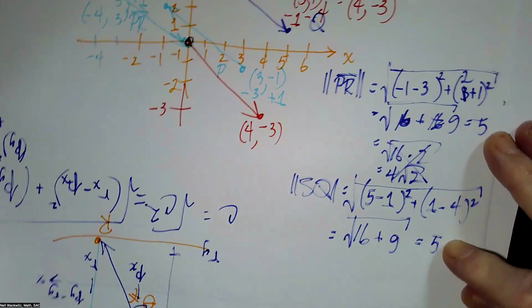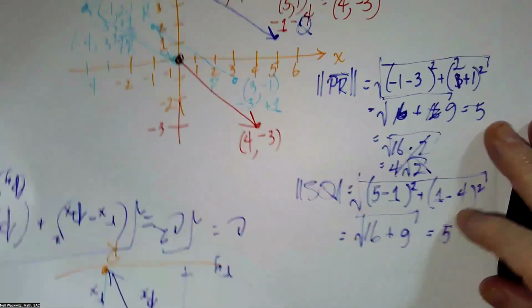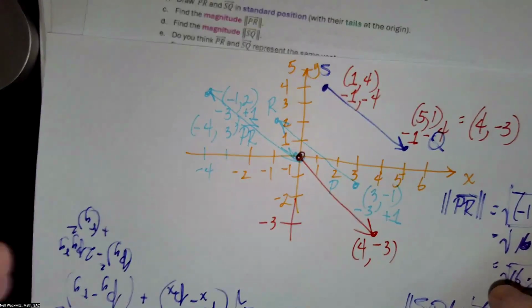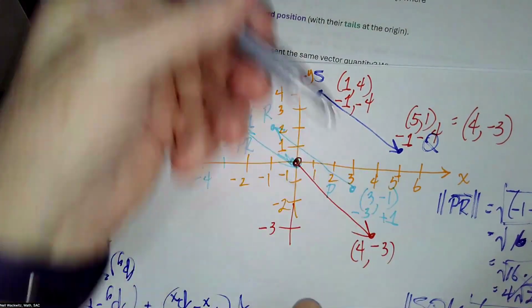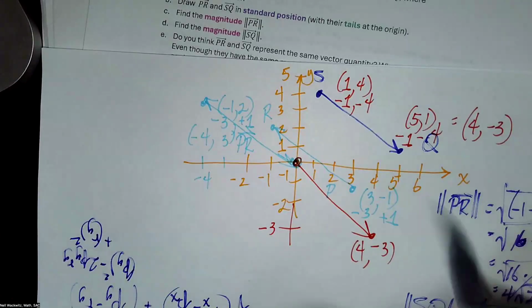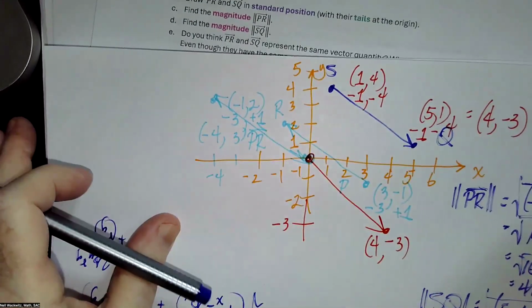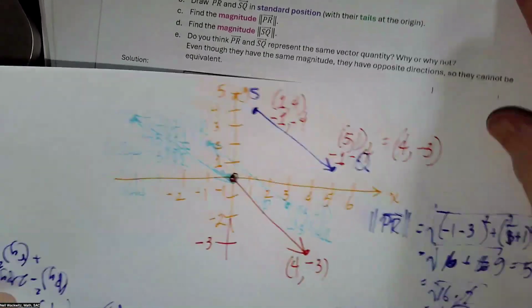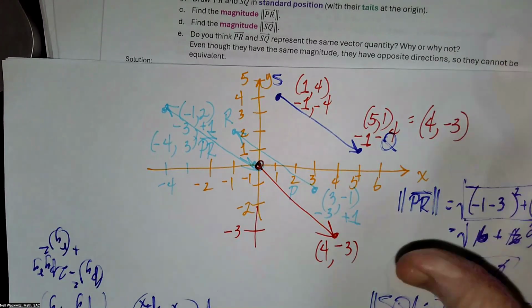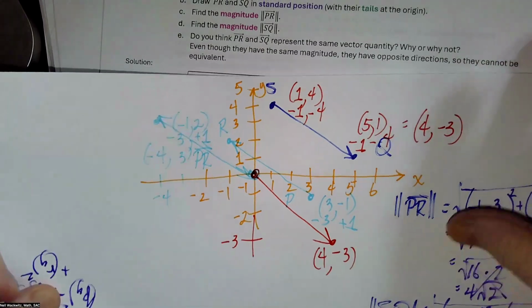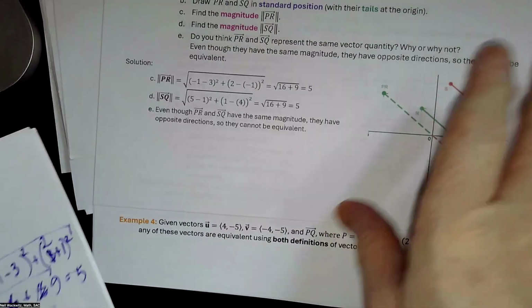So they have the same magnitude, but I can see that SQ is going exactly the opposite direction to PR. So they cannot be the same.